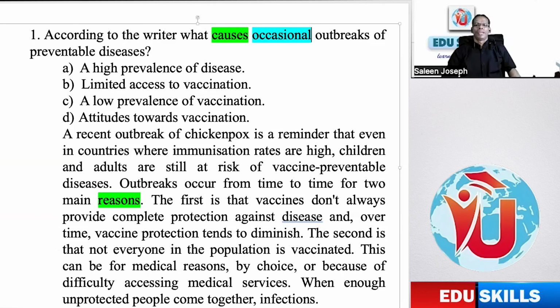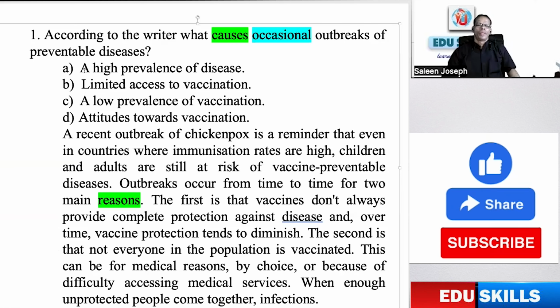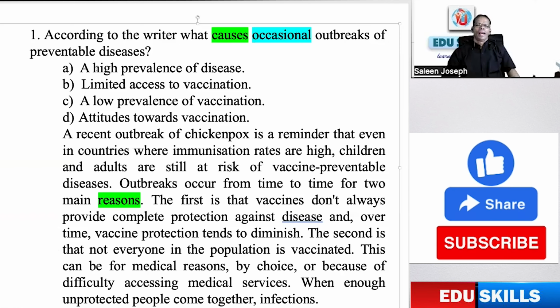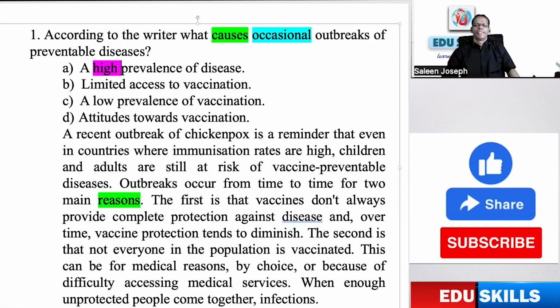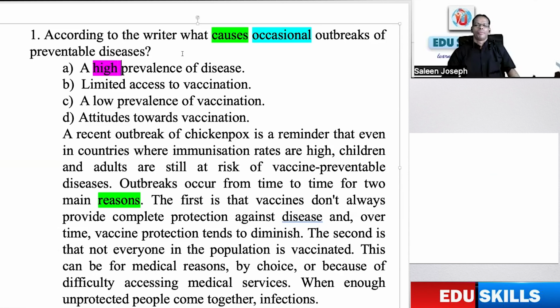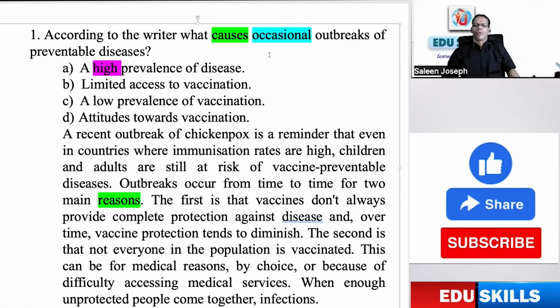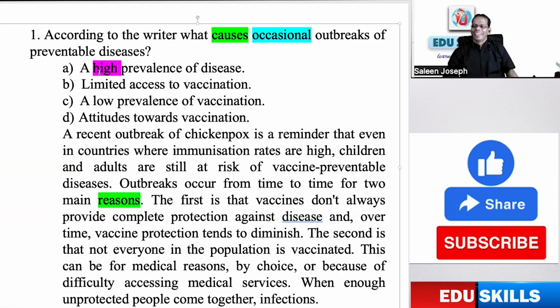Okay, coming to the options. What are the hedging words? High prevalence. High contrasts with something in the hedging word on the question stem. The question stem says occasional outbreaks. This says high prevalence, which means not occasional, but always. High prevalence means very often.